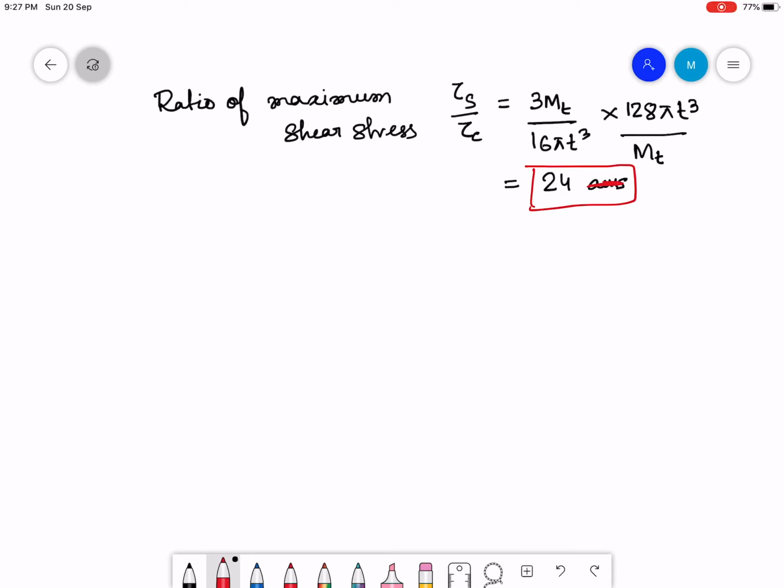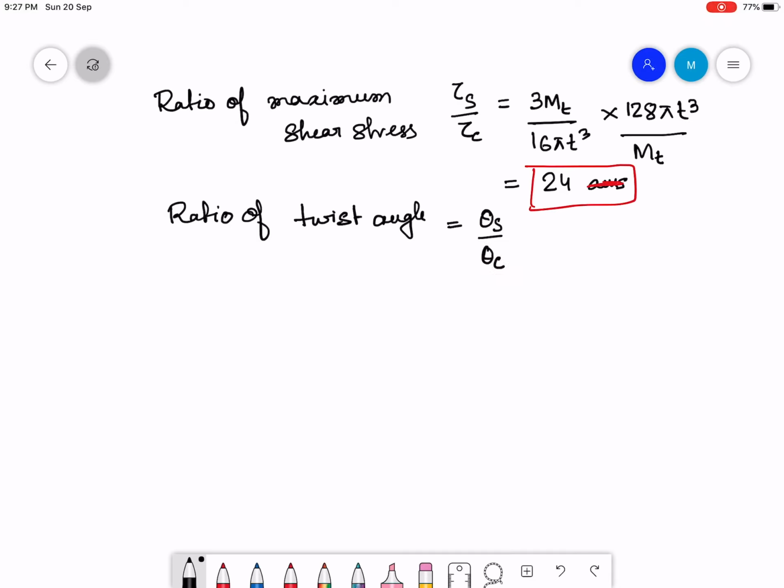Okay, now let us try to find out the ratio of the rate of angle of twist. The rate of angle of twist is also what we can write, and let us write it as theta s by theta c.